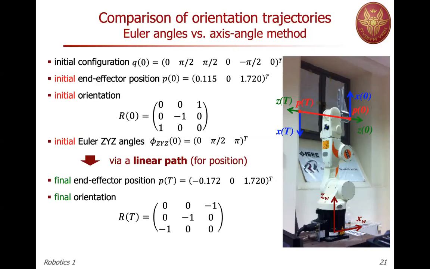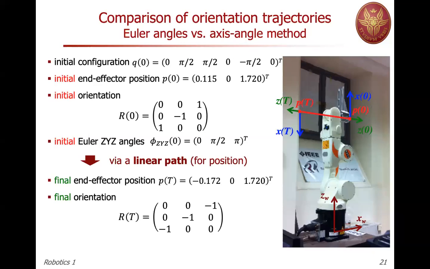And you can see that this final orientation is pretty simple. So it's again specified by the directional cosines of the x, y, and z axes. I'm just reporting the x and y axes at the final time. So for instance, the x axis in blue will now point downward with respect to the zw axis.